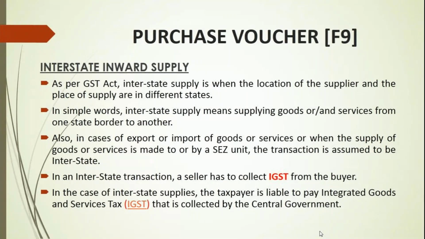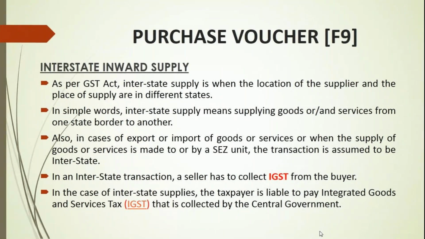In an interstate transaction, a seller has to collect IGST from the buyer. So this has to be of great clarity: CGST and SGST are not applicable for an interstate purchase, while IGST would be applicable.